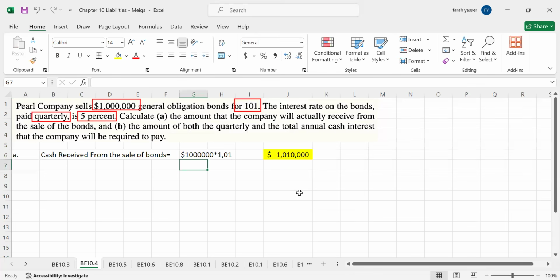So the company is getting $10,000 more. Means for a bond payable of 1 million, the company is getting $1,010,000.